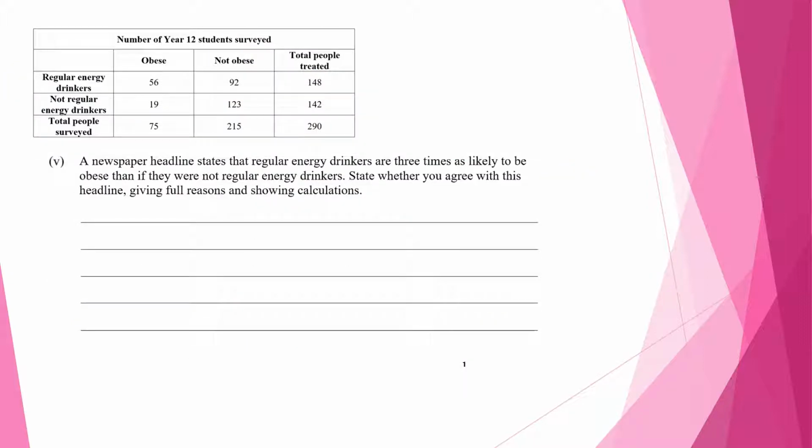Okay, so for this question, we're asked to justify this statement of comparing two probabilities. So this is actually looking at the relative risk of one thing occurring in relation to another. So we're looking at the probability of one event in relation to the probability of another event. We're told that this newspaper has said that it is 3 times more likely.